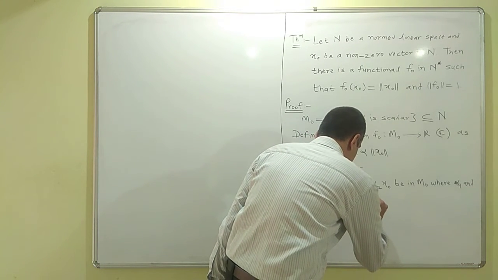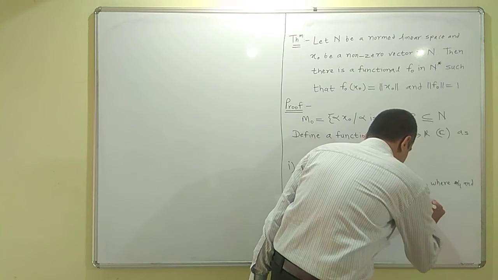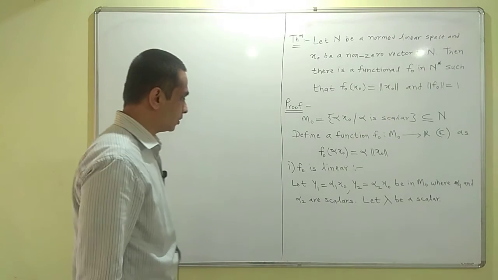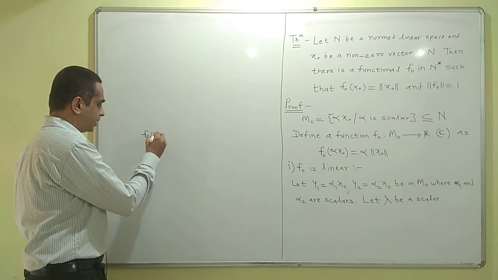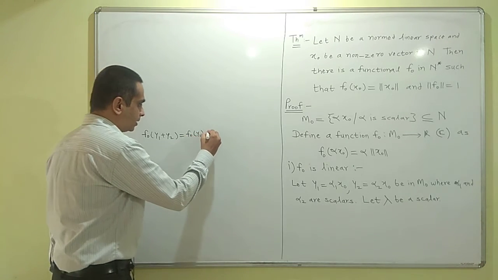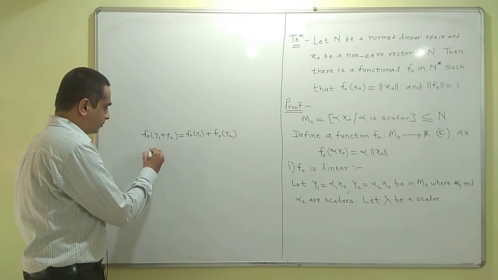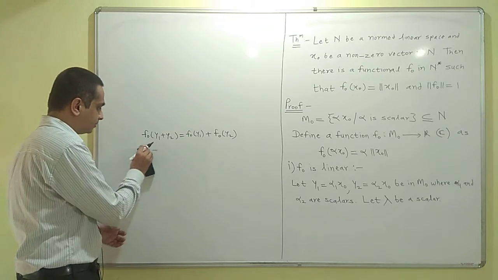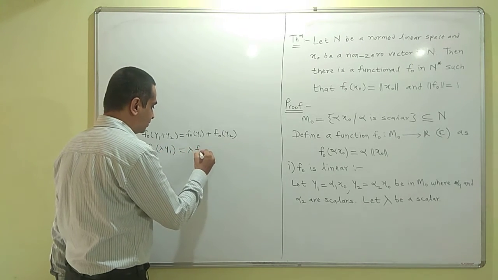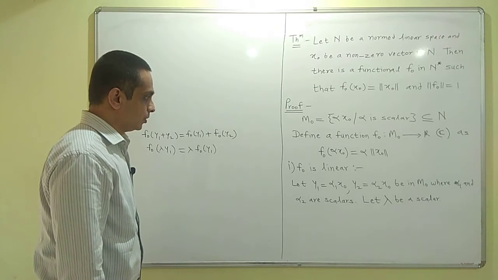Let lambda be a scalar. So in order to prove linearity of f0, we are going to prove that f0 of y1 plus y2 equals f0 of y1 plus f0 of y2, and f0 of lambda y1 equals lambda times f0 of y1. This is what we are going to prove.